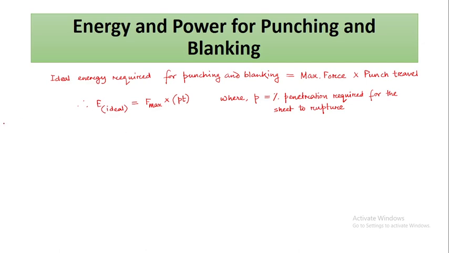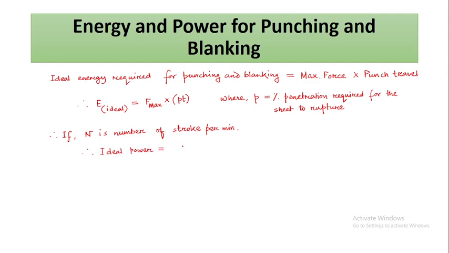Now suppose there are n number of strokes per minute. Then what will be the ideal power required in this case?